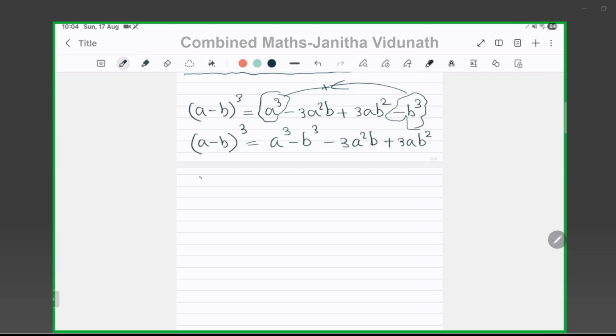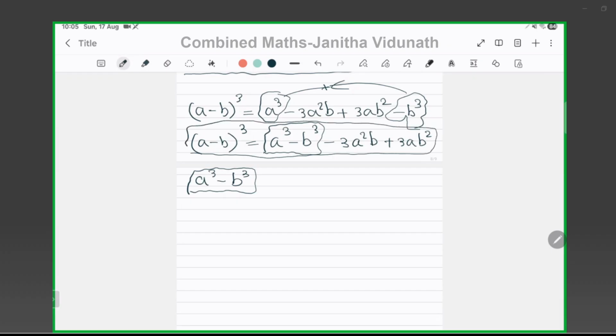Here, our second goal is to find the factorization method for the difference of two cubes. Here we can see there is a difference of two cubes. Then we need to subtract those two terms from the whole formula.